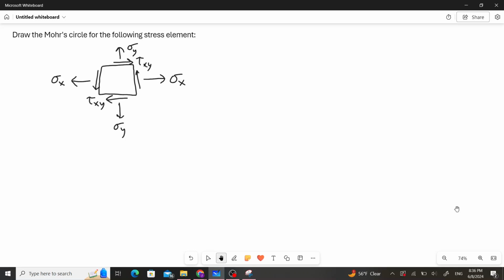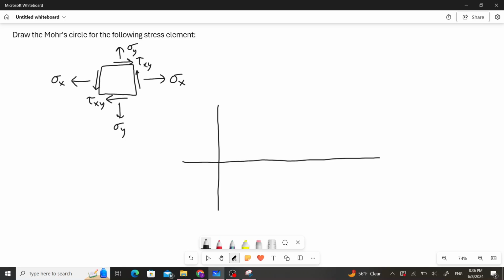To create Mohr's circle, we first start by creating axes. Something important that we need to specify: this axis here is going to be the normal stress axis, and it's positive to the right.